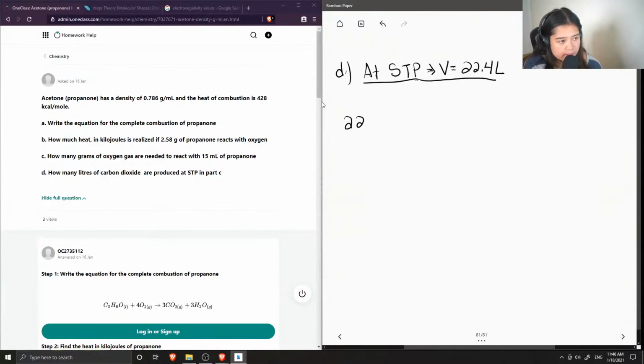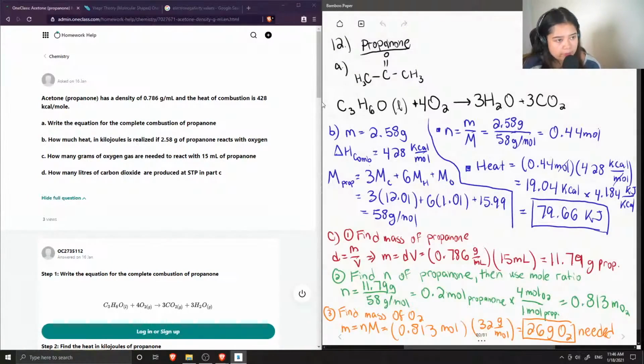So we can just multiply 22.4 liters by the mole ratio of 3 moles of carbon dioxide, and we got that from the balanced chemical equation.